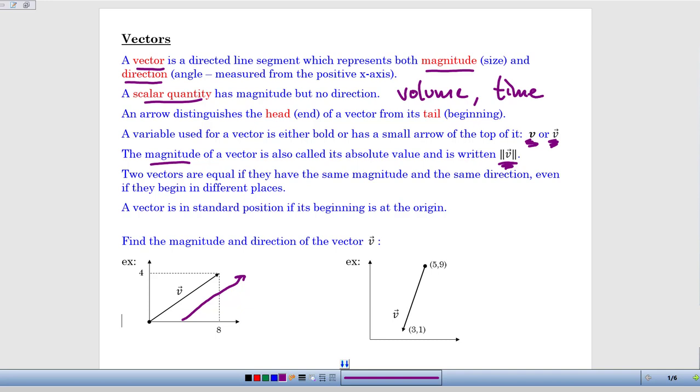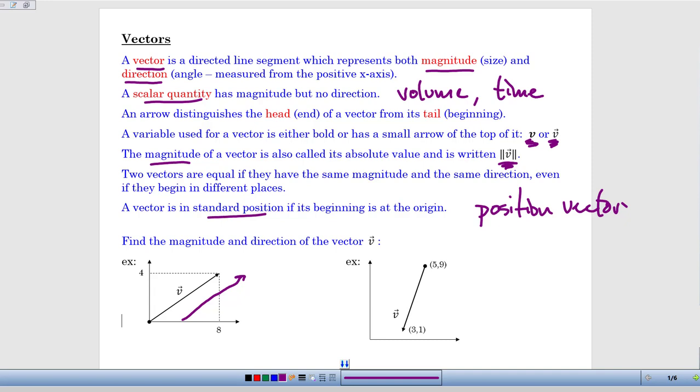And then finally, we say that a vector is considered to be in standard position if its beginning is at the origin. Another term for that is it'll be called a position vector. So a position vector is one that is starting at the origin and indicating a distance to some other point.